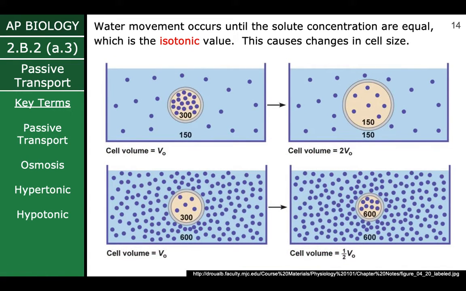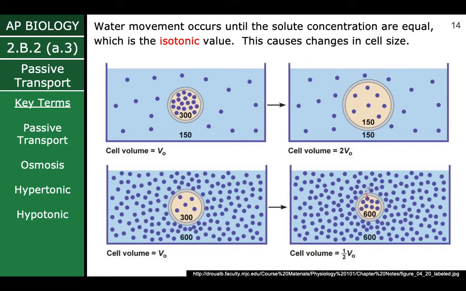Okay. So if the solute concentrations are equal, you may think that water movement will stop. Okay? And water movement kind of will stop as a net. Okay? So the net movement will stop. Things will kind of calm down and sit for a while. But just remember that things are still moving in and out, just at an equal rate.